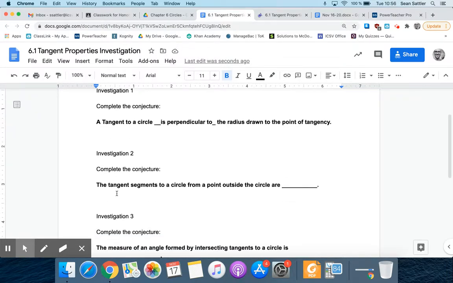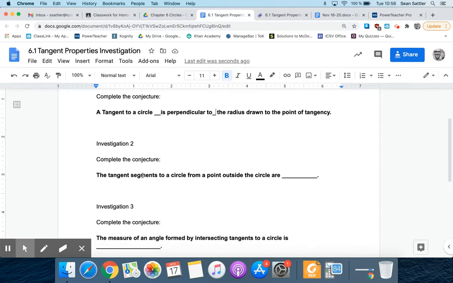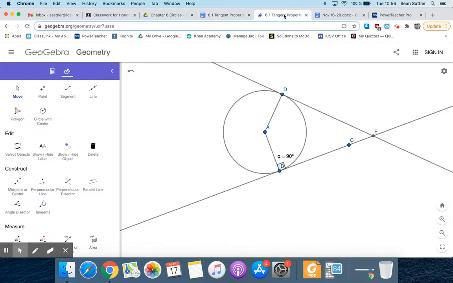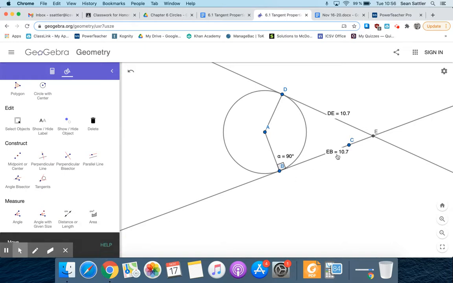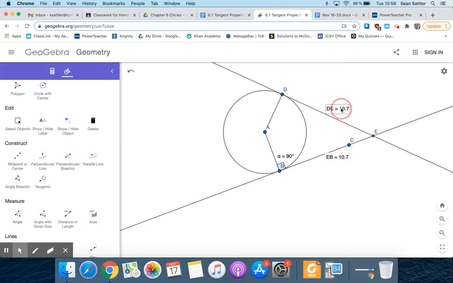Second conjecture, the tangent segments to a circle from a point outside the circle are, so we're talking about the tangent segments. Let's go ahead and measure the segments I'm talking about. The tangent segments would be DE and EB. So notice those are the same, which is why this is a kite, because these two segments are equal.